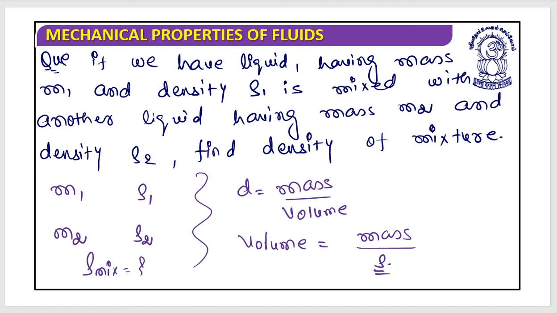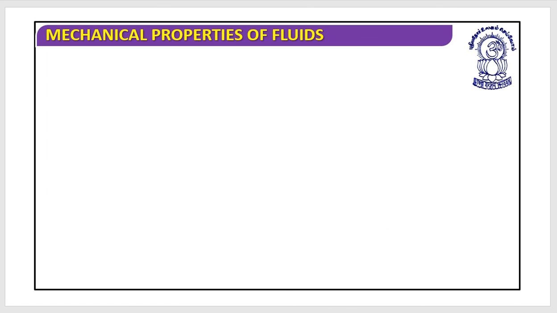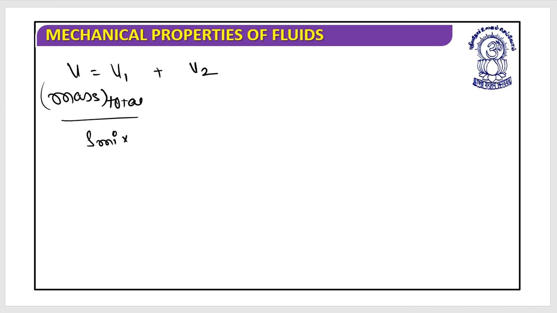I hope this is clear. So from this, the volume V can be given as V1 plus V2. That is, the total mass divided by the density of the mixture is equal to the first liquid's mass m1 divided by rho 1 plus m2 divided by rho 2.